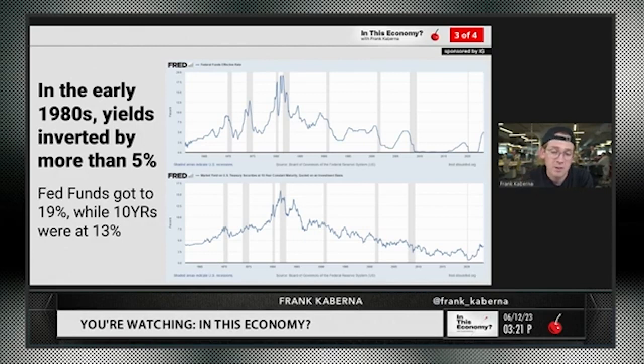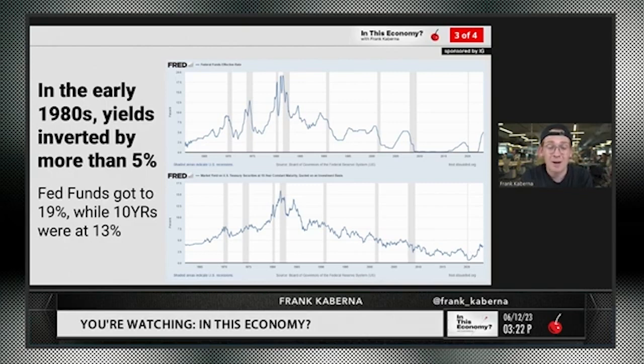We've been looking at the 10-year the whole time, but now I'm substituting out the 2-year for what the Fed touches, which is an even shorter term interest rate, the Fed funds rate. The Fed funds rate got all the way up to 19% in 1981, while 10-year rates were just at 13%. So that's an inversion of 6%.